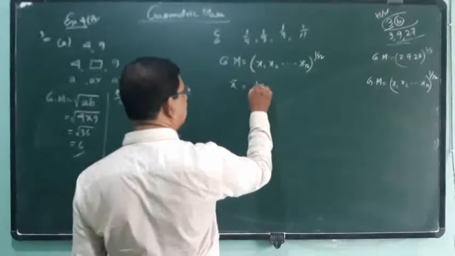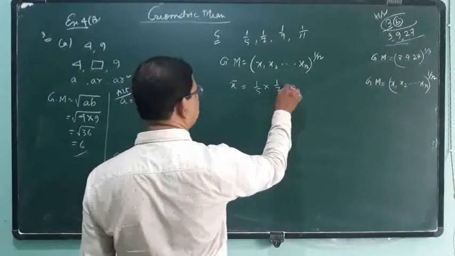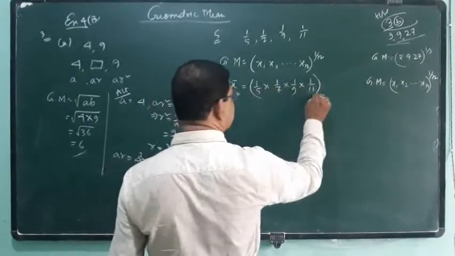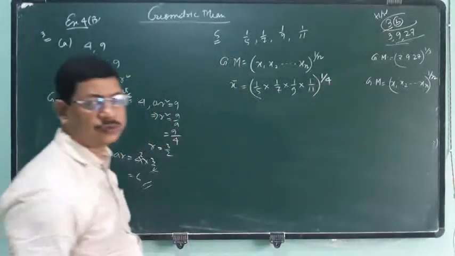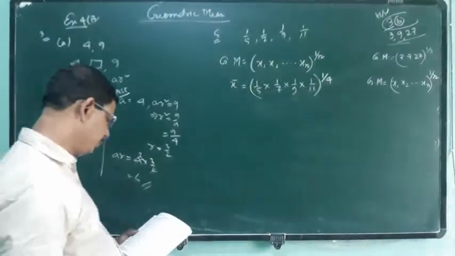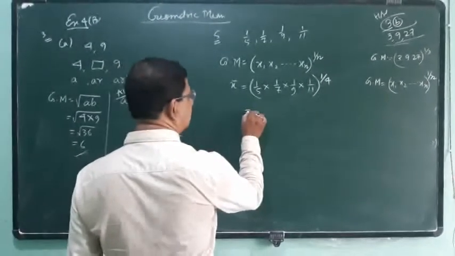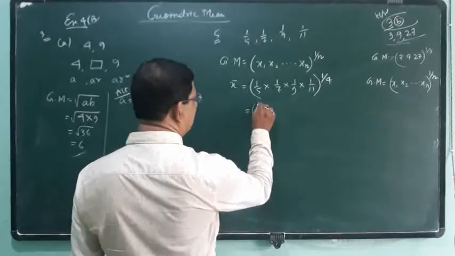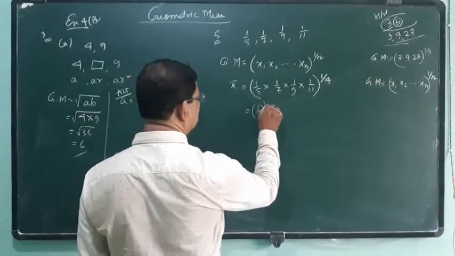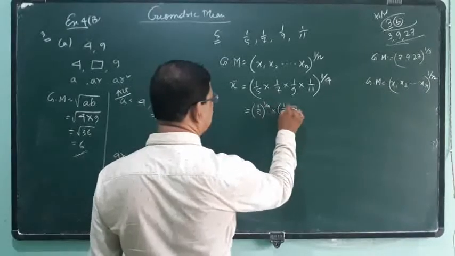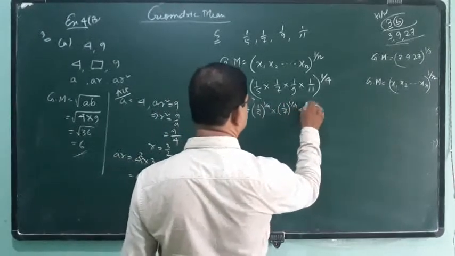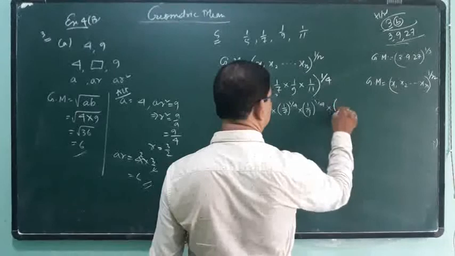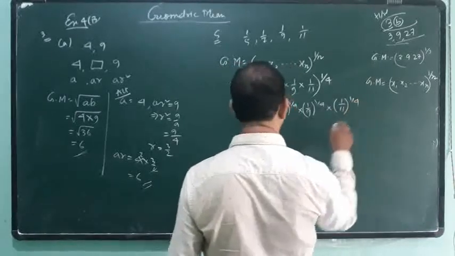Here x1 is 1 by 5, x2 is 1 by 7, x3 is 1 by 9, and x4 is 1 by 11. How many terms? 4 terms. So we have to write the power as 1 by 4. Then we write the values: 1 by 5 to the power 1 by 4, 1 by 7 to the power 1 by 4, 1 by 9 to the power 1 by 4, 1 by 11 to the power 1 by 4.